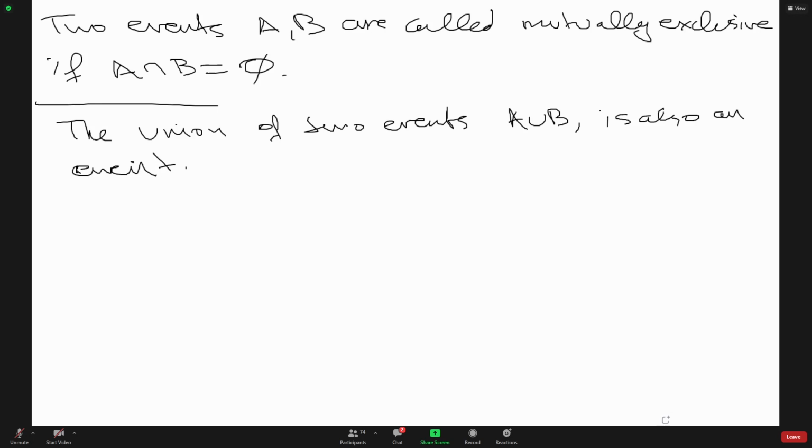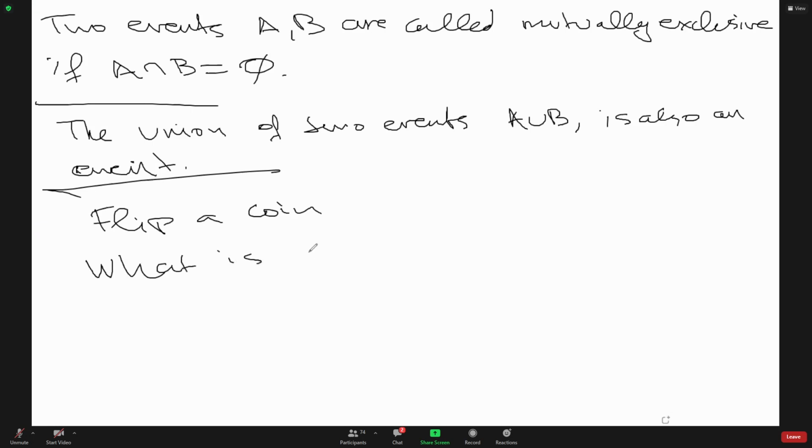Then let's start counting the size of sample spaces, okay? Because that's a very, very important thing. By the way, let me ask you now. So we flip a coin. What is the probability of having heads?